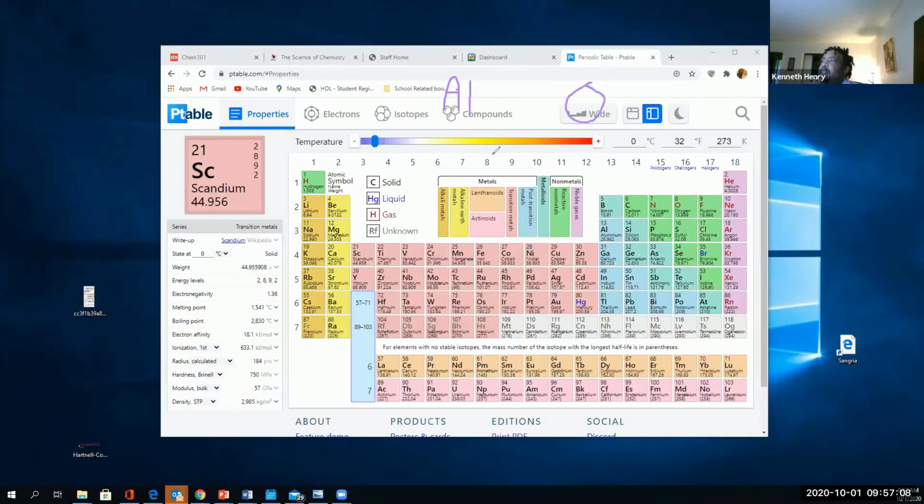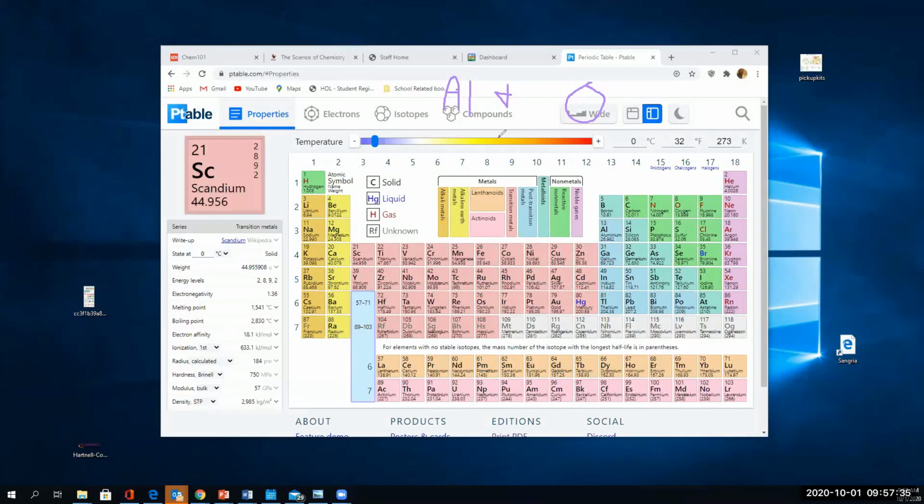So if I have Al and O, what is going to be the ion formed, and then how would I balance it out? Do we have to find the charges first, right?